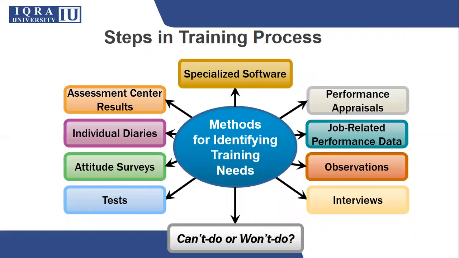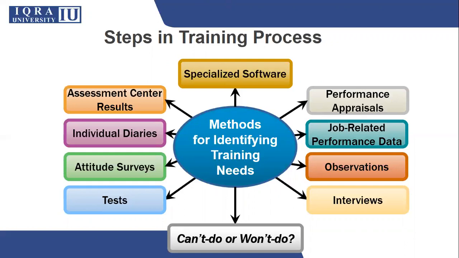Now, methods for identifying the training needs. There are several ways to identify how a current employee is doing. These include performance appraisal, job related performance data, observations.